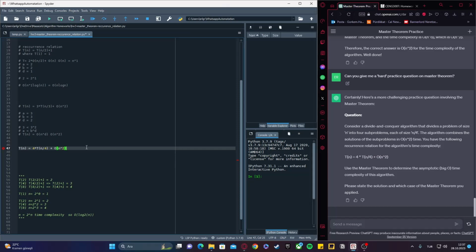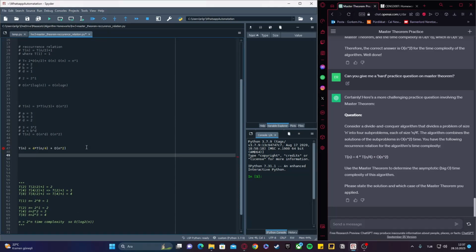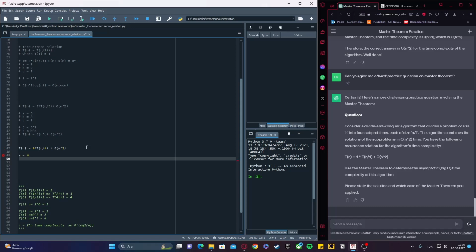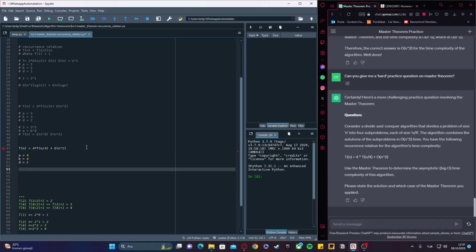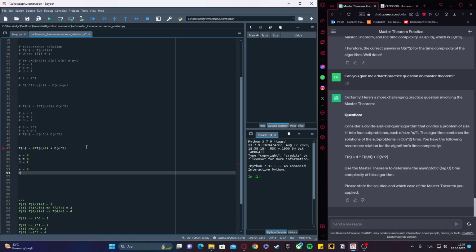Okay, let's do it. a equal to 4, b equal to 4, sorry, and d is equal to 2. So if we compare, a equals 4 and b to the power d will equal 16. So a is less than b to the power d again.